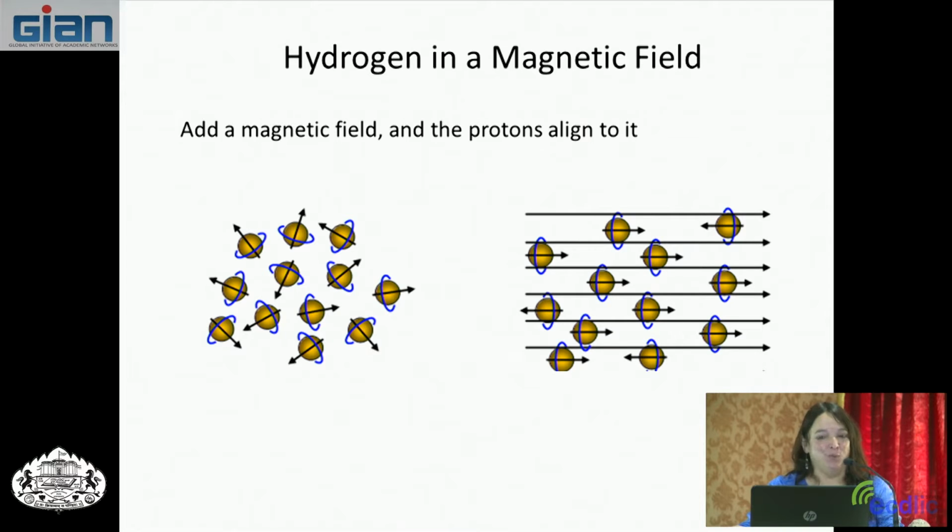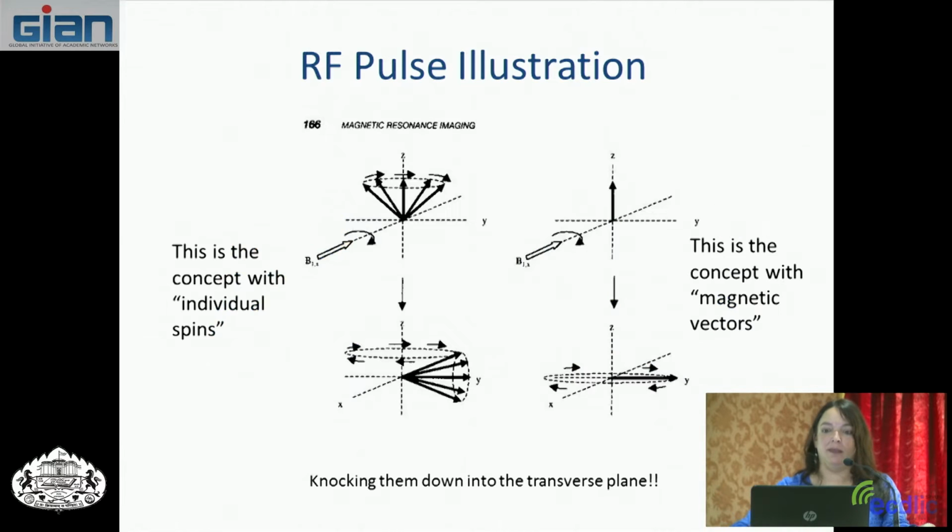As you put hydrogen atoms into a magnetic field, they have an odd atomic number. So they have a magnetic spin, and when you put them in an external magnetic field, they all line up within this field.